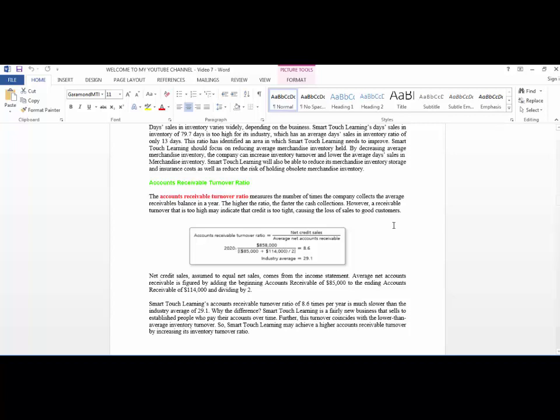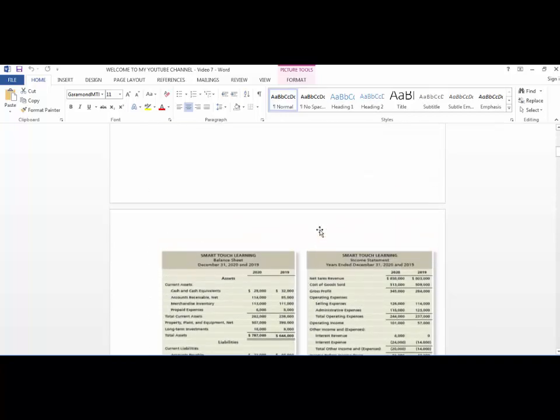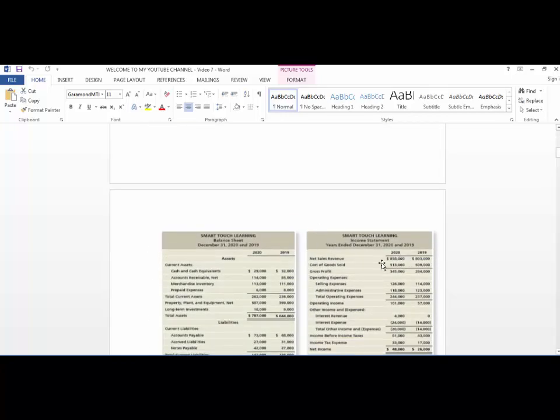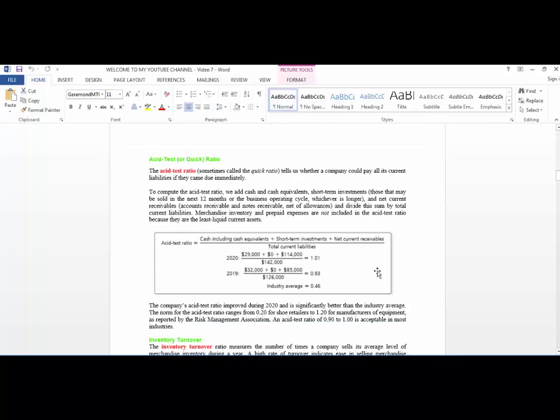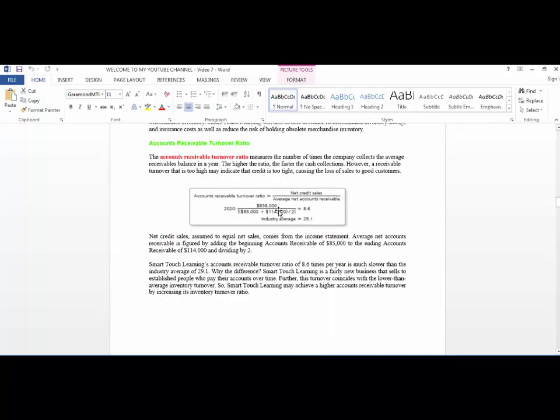Again, we get the net credit sales value from the income statement. Here net credit sales is 8,58,000, so we put this value here, and then we take the average net account receivables, again using 2020 and 2019 data, divided by 8.6.